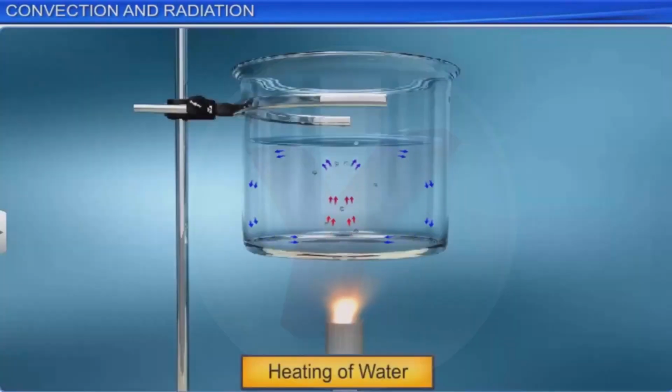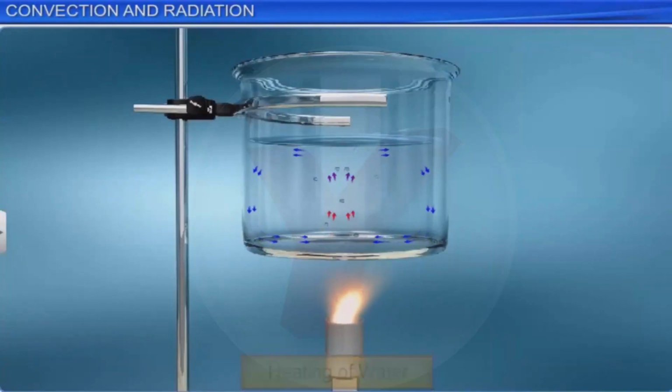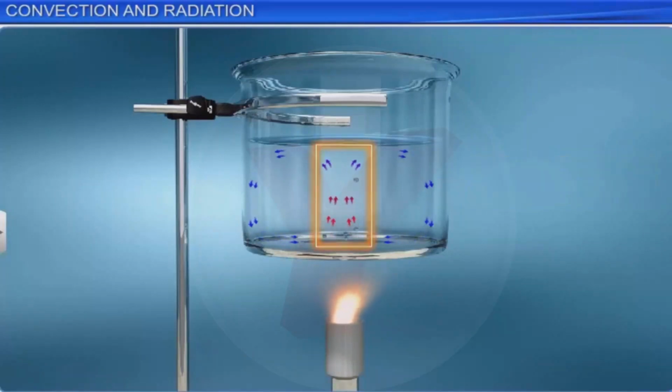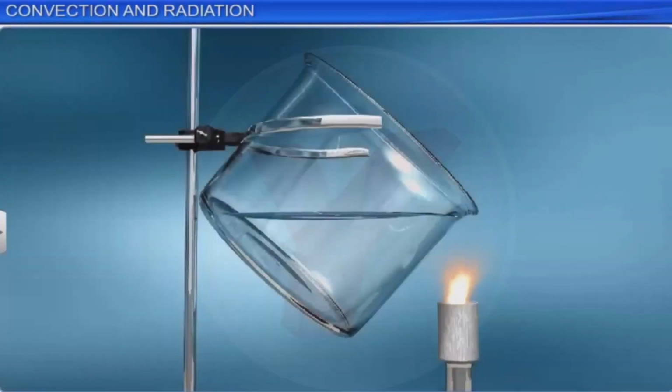The heating of water is an example of natural convection. Gravity plays an important role in natural convection. That is why, in natural convection, heating is always in the upward direction. If the container is heated at the top, transmission of heat by convection does not take place in the downward direction.